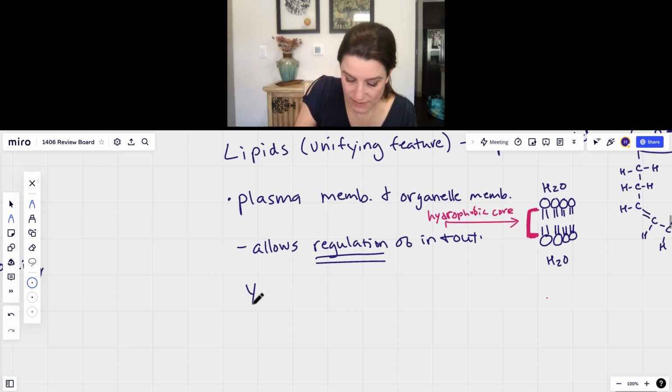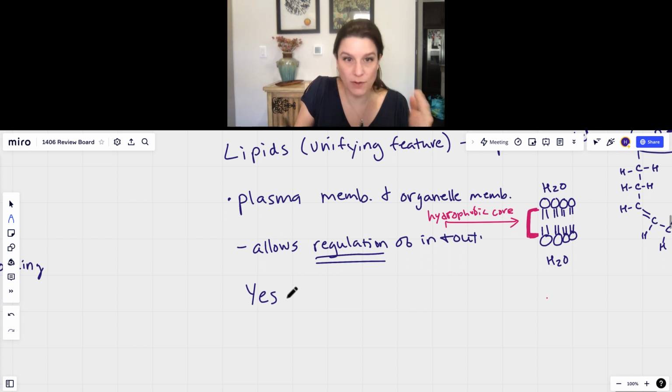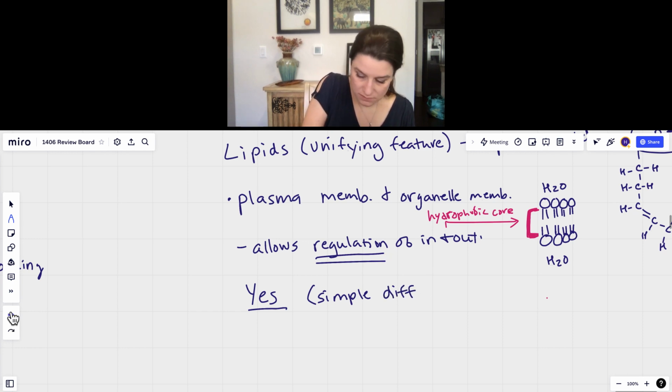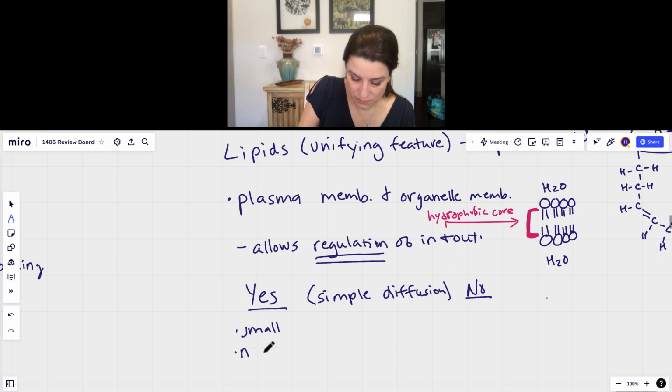Okay. So what is allowed through directly across via simple diffusion? Simple diffusion means directly across, versus not. They have to be small molecules. They need to be nonpolar, which means they have no charge, no partial charges.